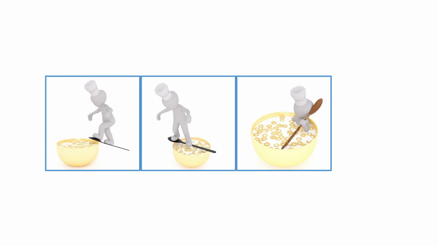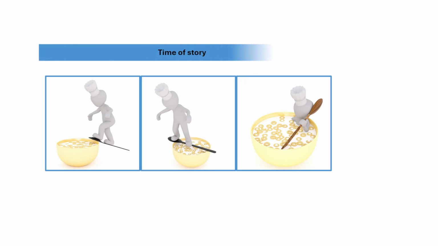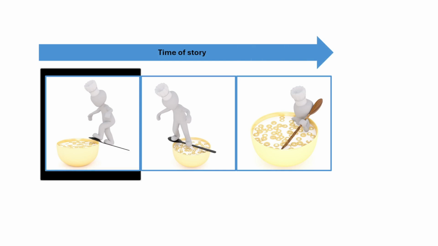We'll take this example of a short cartoon where the story starts with this chappie walking up his spoon and ends with him sitting in his bowl of cereal. While we're talking about the first picture, so the first part of the whole story, we say Joey's climbing up the spoon.